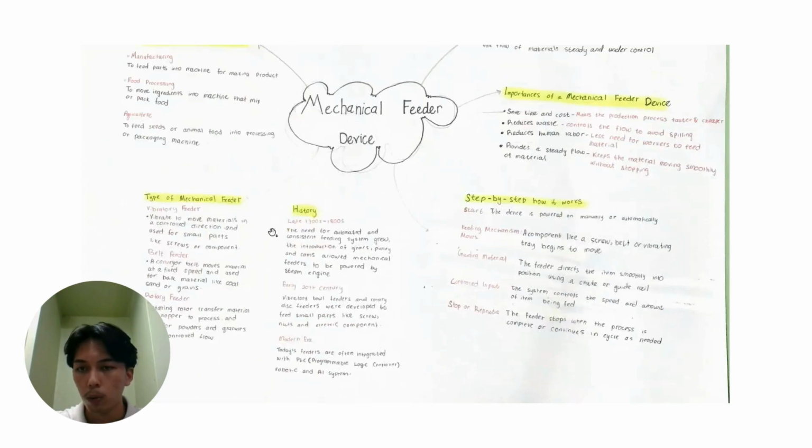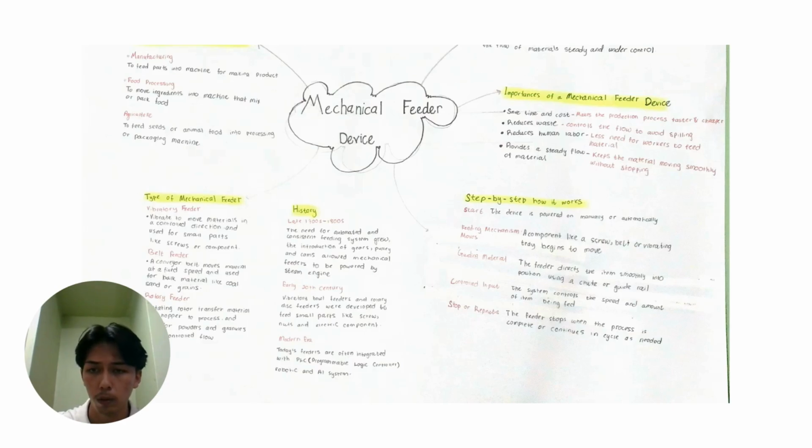Next, we'll move to the types of mechanical feeder devices. For your information, there are a lot of types of mechanical feeders, but I just list three of them, which are the vibratory feeder, belt feeder, and rotary feeder.